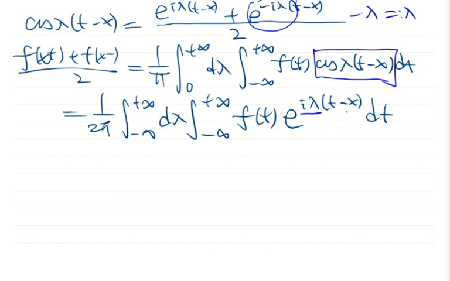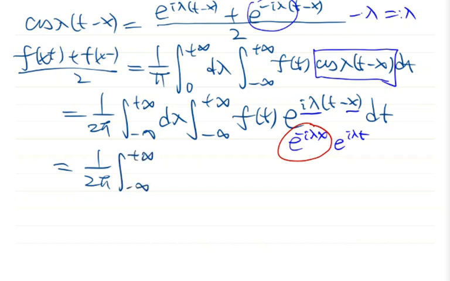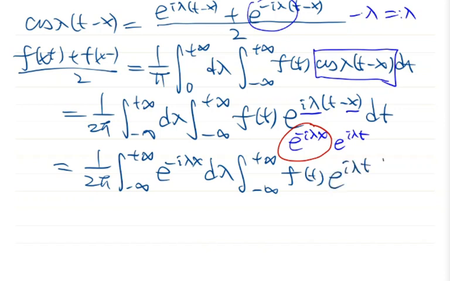The i lambda x part has nothing to do with t. Therefore, this is e to the i lambda x times e to the minus i lambda t. So we move the e to the i lambda x to the beginning, out of the inner integral. This gives us 2 pi times the integral from minus infinity to positive infinity of e to the minus i lambda x d lambda, then the integral from minus infinity to positive infinity of f(t) e to the i lambda t dt. Okay, we obtained this result.